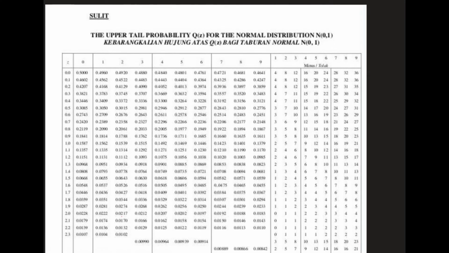You can see values about 0.25, but it is not exactly 0.25, it's 0.2514. This is 0.2483, which is smaller than 0.25. This is greater than 0.25. Exactly 0.25 we don't have, but it is okay.